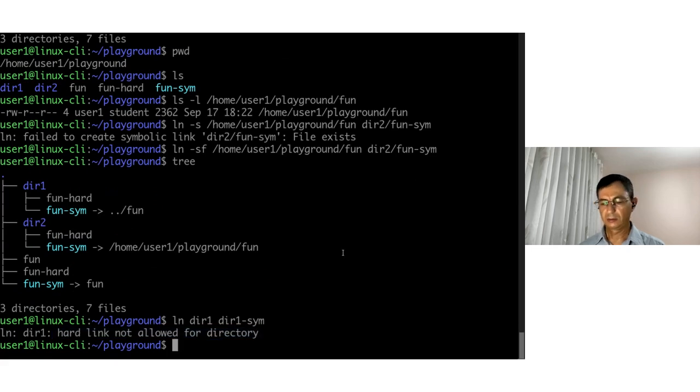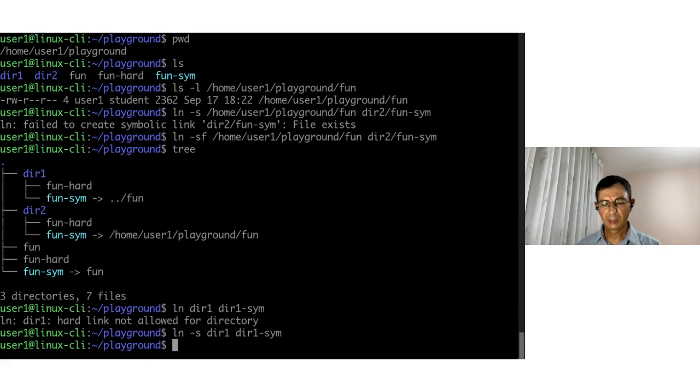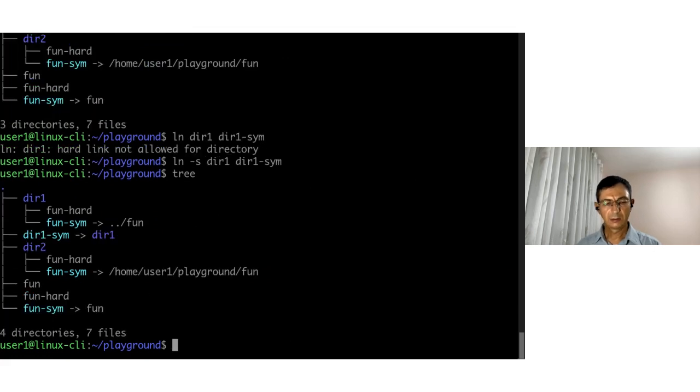So I cannot hard link a directory. But if I add the option -s to make it a symbolic link, then we see that we have this symbolic link dir1sim that actually is a pointer to dir1.